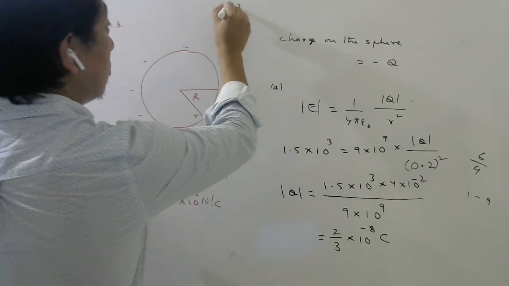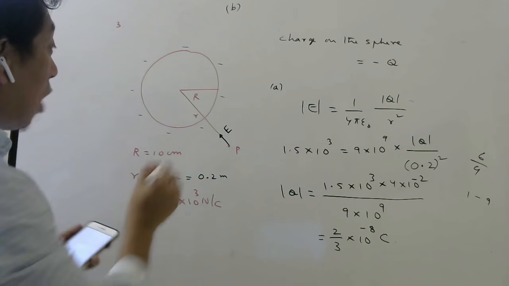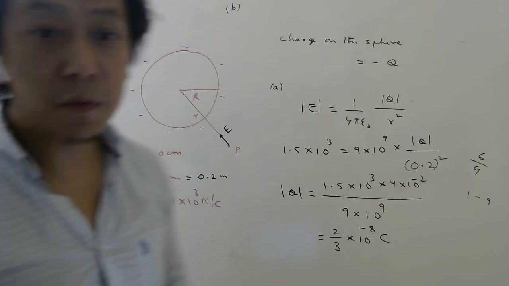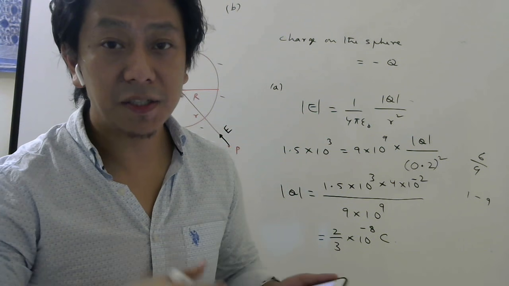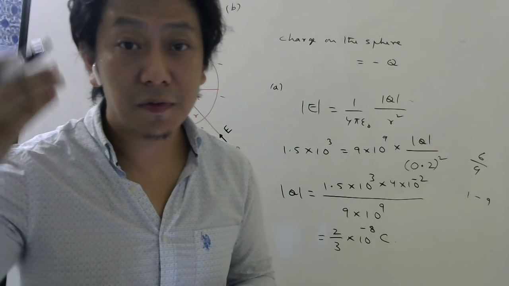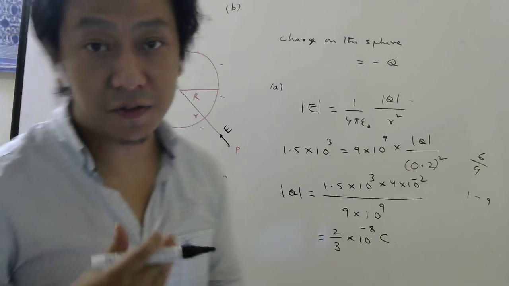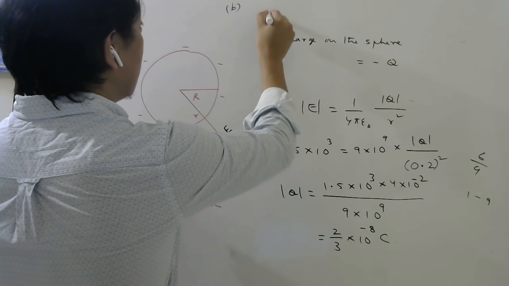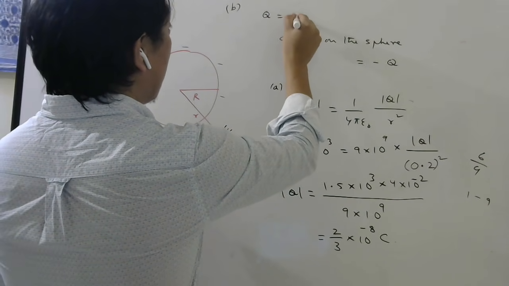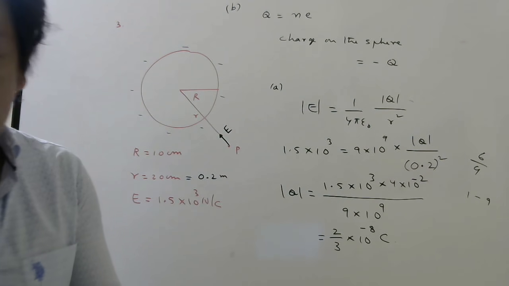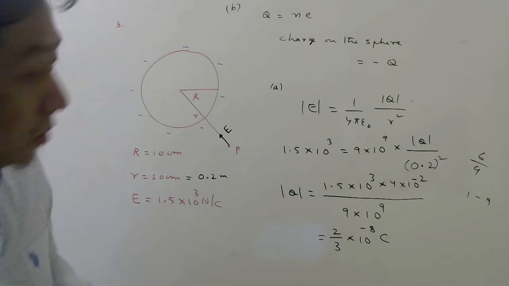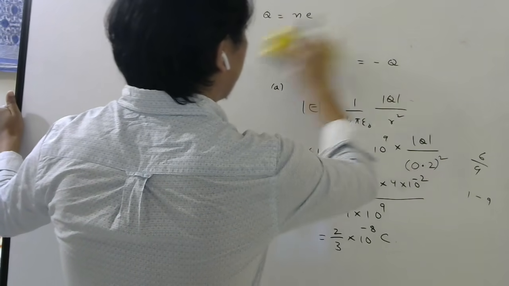Second part is to find how many electrons you should give. For that, what is the relation between charge and number of electrons? In the first few classes I taught you something called quantization of charge. So any charge must be equal to Ne. Remember, right? And N is the number of electrons which should be added in this question.